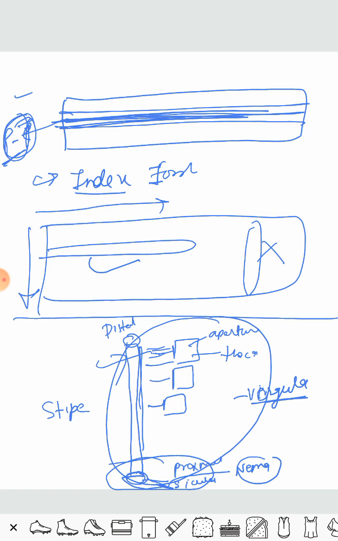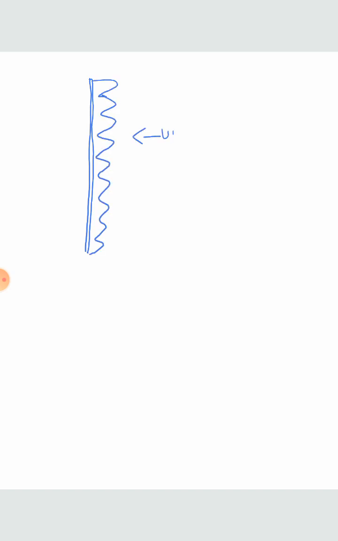The next portion comes as the various features of it. If there is a stipe and on a single side there are theca associated with it, that is called uniserial, and its name is monograptolite.